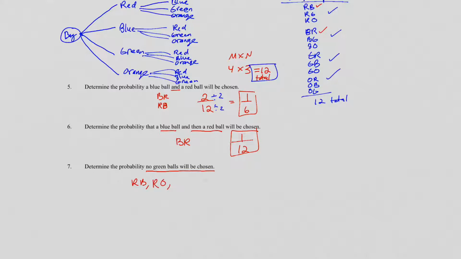RO, or red orange, and then we have blue red, skip blue green, blue orange, and then we skip the whole green section: green red, green blue, green orange. Then we go to the last section: orange red and orange blue. So that's 1, 2, 3, 4, 5, 6. 6 out of 12, and this reduces to 1/2.